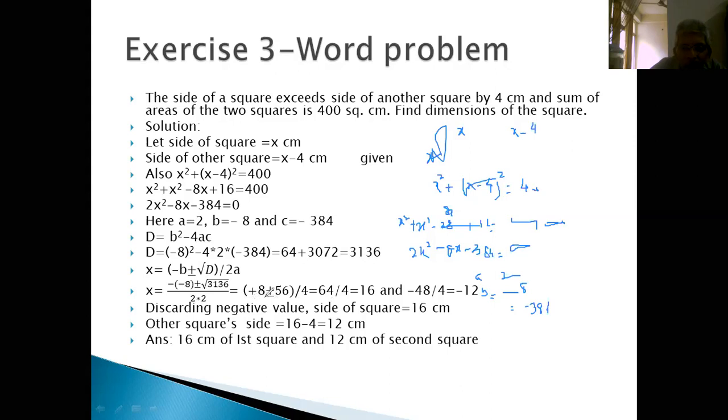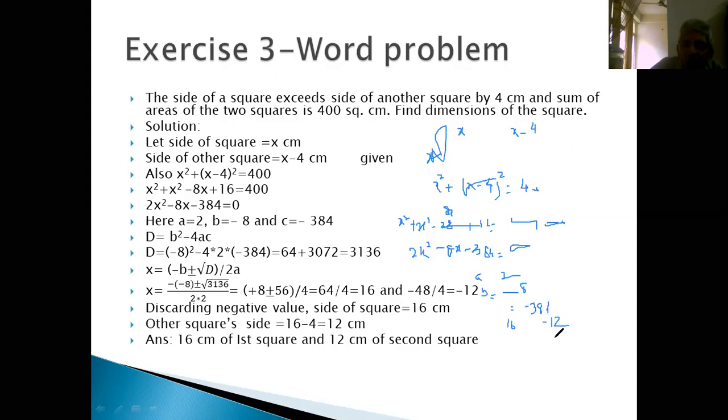When I add 8 to 56, I get 64. 64 divided by 4 is 16, and then when I subtract 56 from 8, I get minus 48. So minus 48 divided by 4 is minus 12. So I get two roots. One is 16, the other is minus 12.